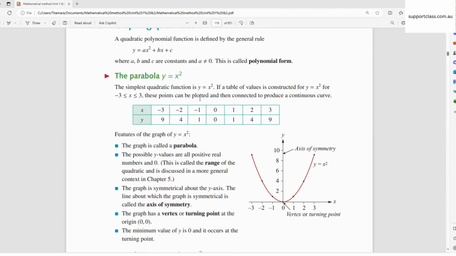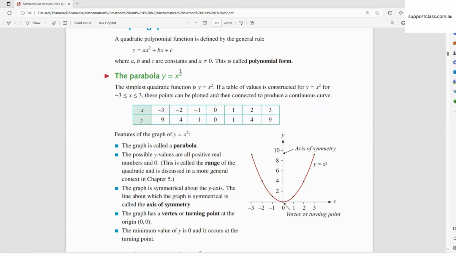In that case, we take the simplest form of this equation, so just say y equals x square. So x square is essential, right? So y is equal to x square, x to the power 2. That x to the power 2 part is essential.